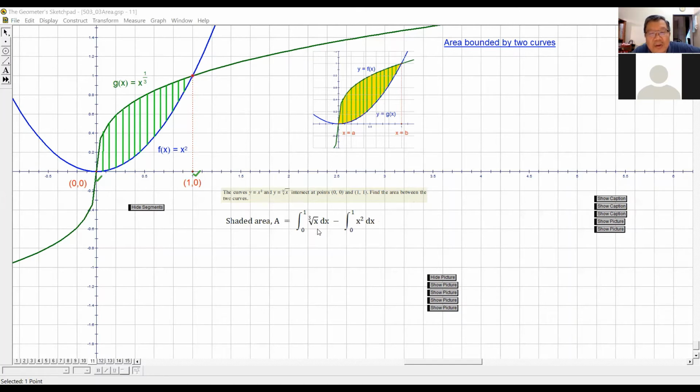You use the top curve, the cube root of x, minus the bottom curve, x squared. To find the area between them, use the integral of the top curve minus the integral of the bottom curve.